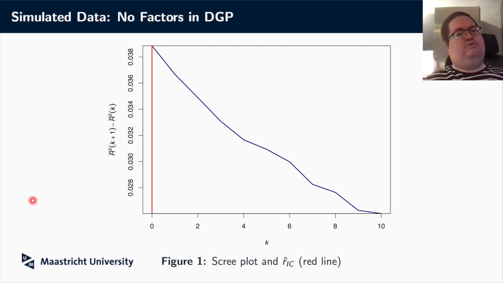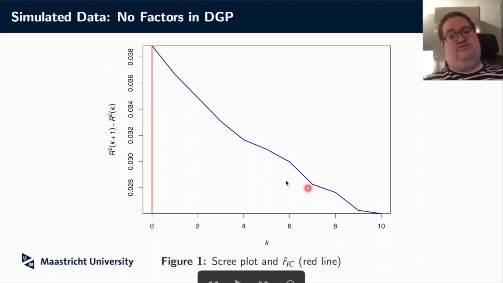Now, let me just give you an idea of what this actually looks like. What I did here is simulate a DGP where there are no factors. So actually my X's don't have a common factor structure. Now what we see if we look at this scree plot is that there does not appear to be a kink anywhere. So this is an indication that in fact there's nothing here that's really explaining a lot.